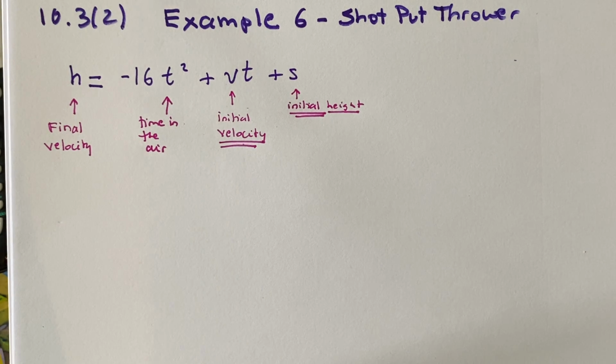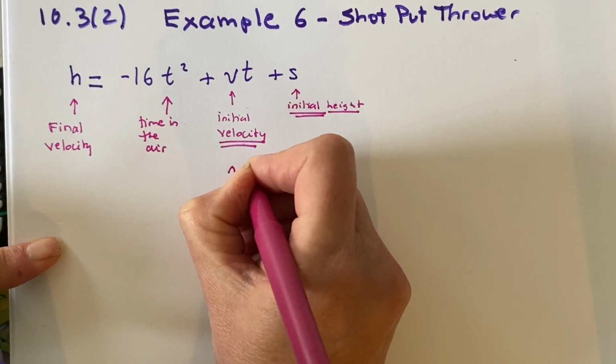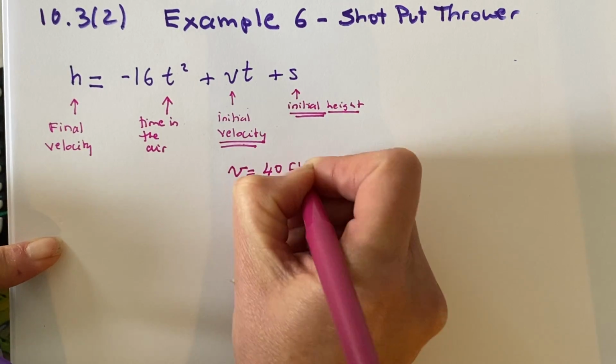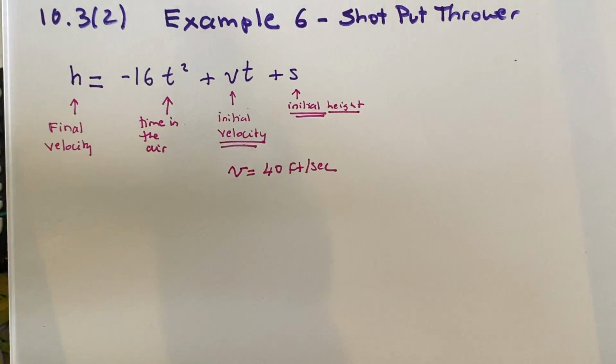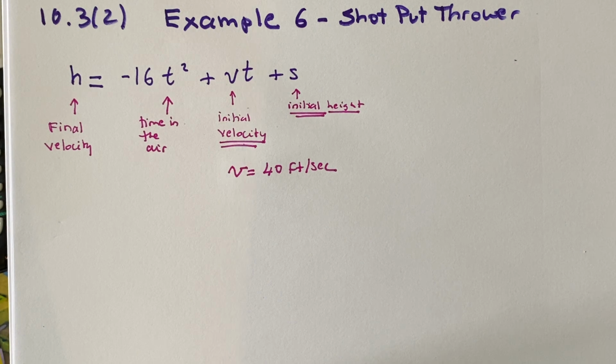Now let's read the problem now that we remember that. An athlete throws a shot put with an initial vertical velocity of 40 feet per second. Well, because we specified that here, we know v is 40 feet per second. Write an equation that models the height in feet of the shot put as a function of time in seconds after it's thrown.